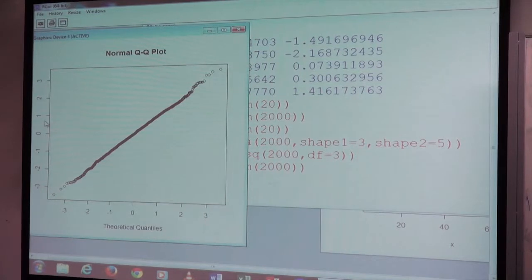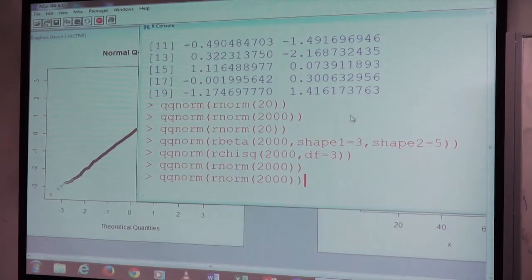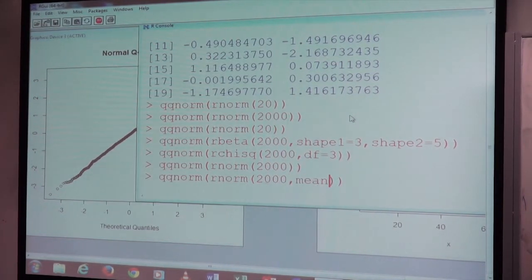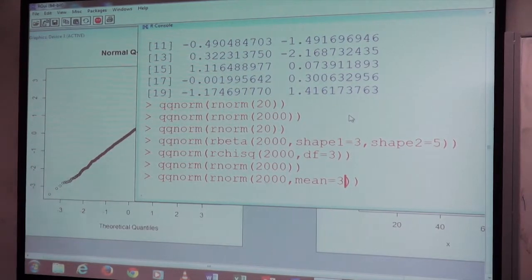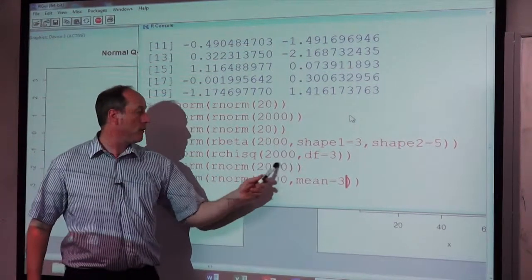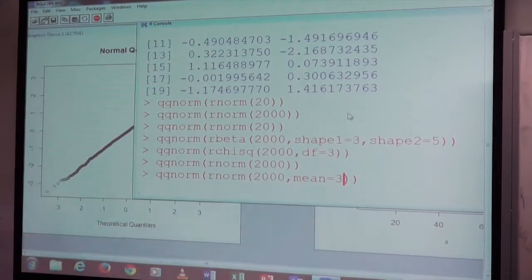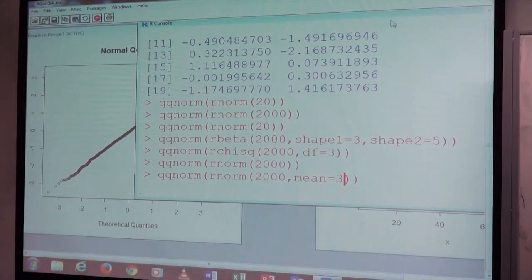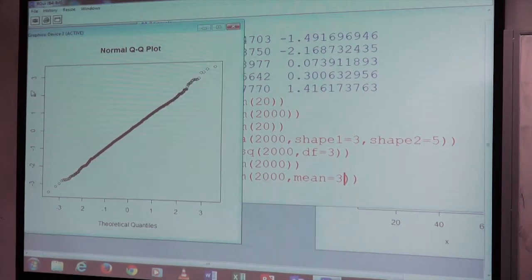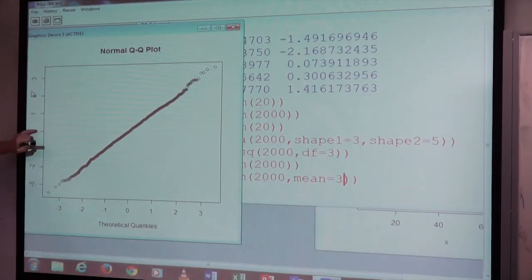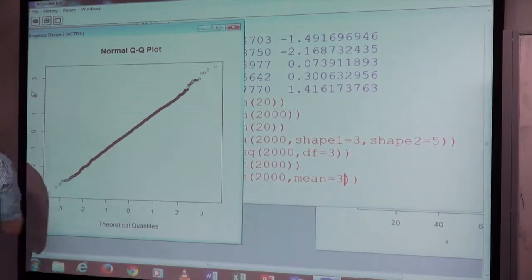You can see that beautiful straight line. Here, of course, the mean is 0 because the default value is 0. But what I can do is just put the mean equal to 3, and it should be obvious what's going to happen to the plot. It's going to just take this line and move it up.